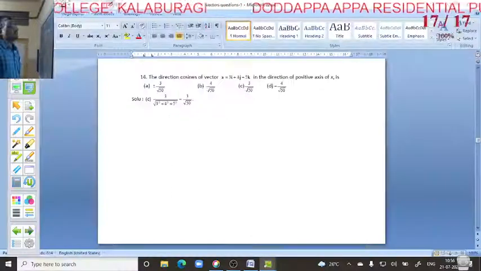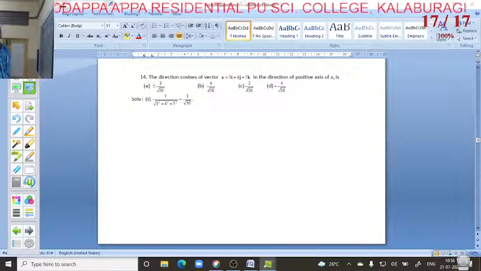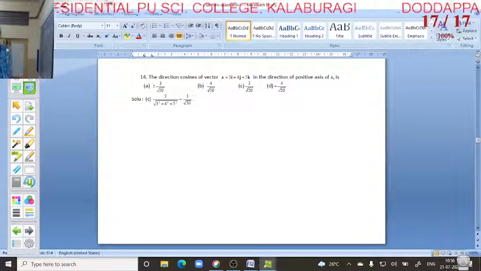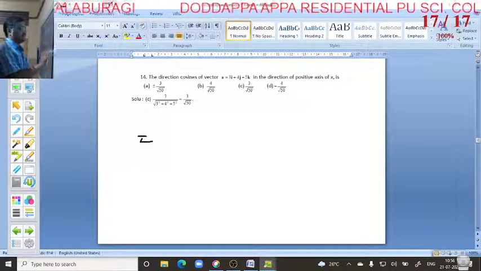Next, 14th. The direction cosines of vector A equal to 3i plus 4j plus 5k in the direction of the positive axis of x is. So very simple.